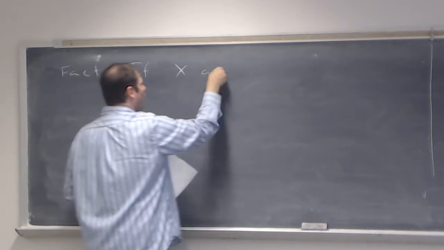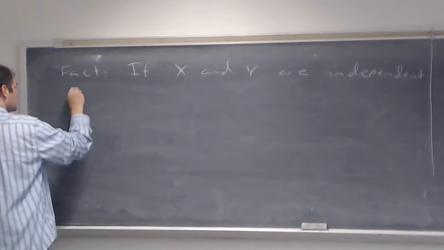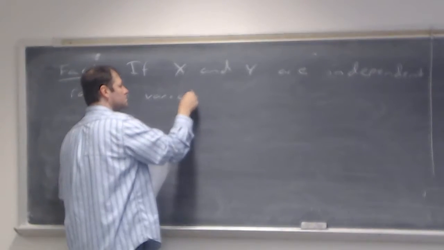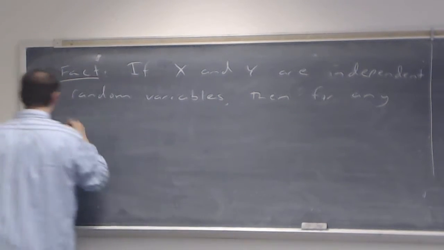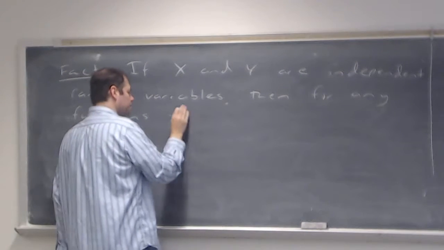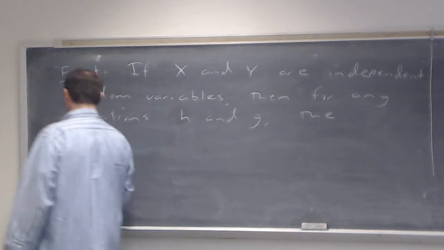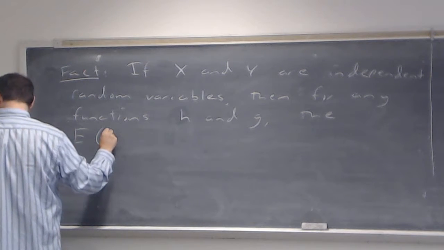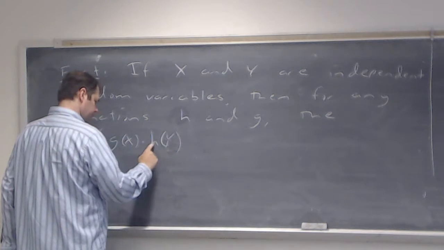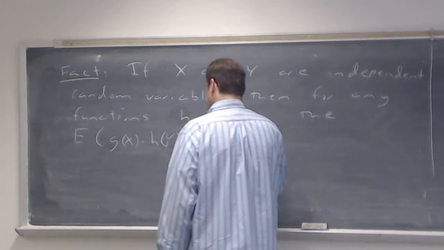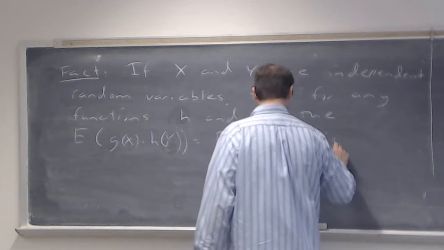If x and y are independent random variables, then for any functions h and g, the expected value of g of x times h of y, where g is a function of x and h is a function of y, is equal to the expected value of g of x times the expected value of h of y.